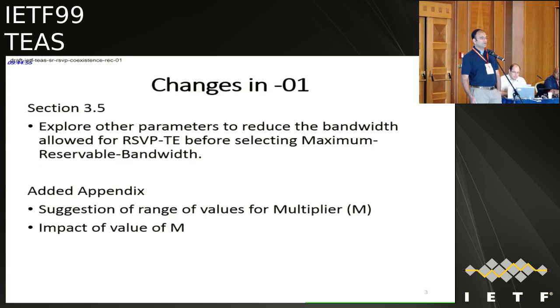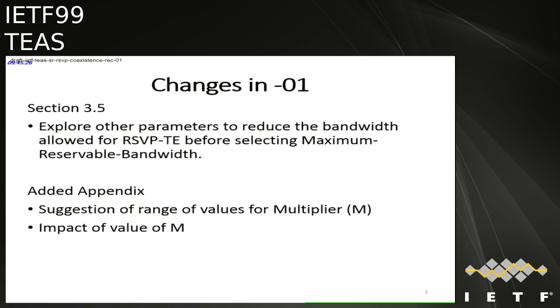So in summary, what were the changes? There's a section 3.3.5 in the document which talks about a certain procedure on how to do SR-RSVP coexistence. The solution dived into using maximum reservable bandwidth. This text provides a little bit more clarification on what else we could have done to adjust bandwidth, and it finally ends in the conclusion as to why we picked maximum reservable bandwidth. We also had an appendix.